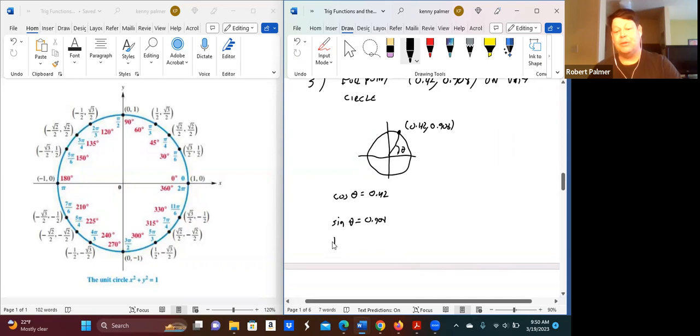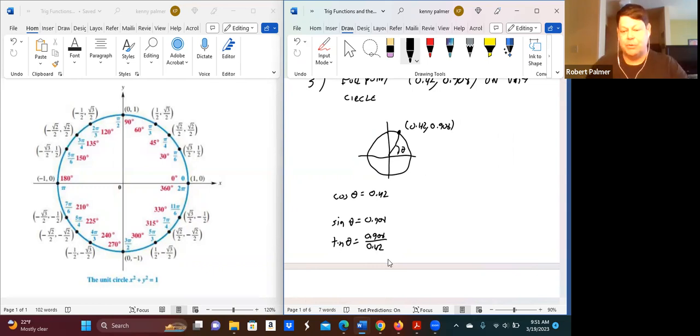And then the tangent of theta is going to be sine over cosine. So 0.908 divided by 0.42, and I'm just using my calculator, or use Desmos, whichever you prefer.